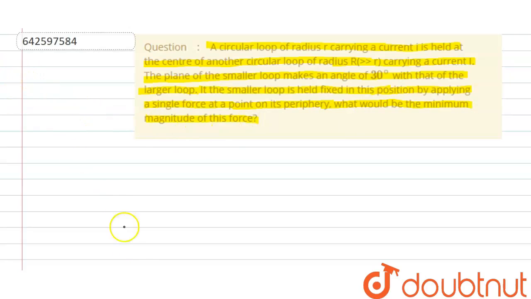So in this question, we are given two current carrying circular loops. Suppose this is a larger circular loop, and we have a smaller circular loop.